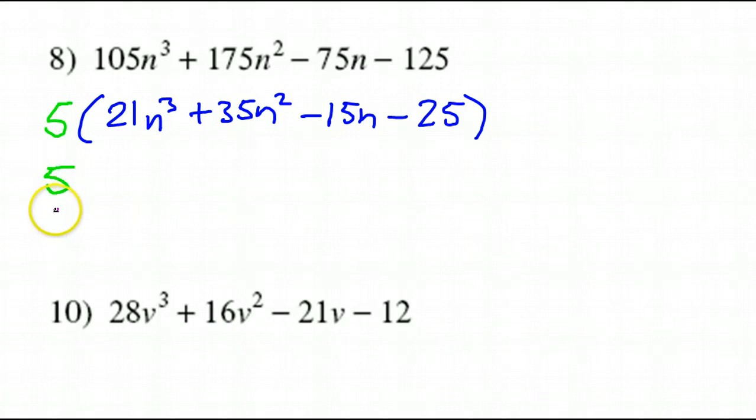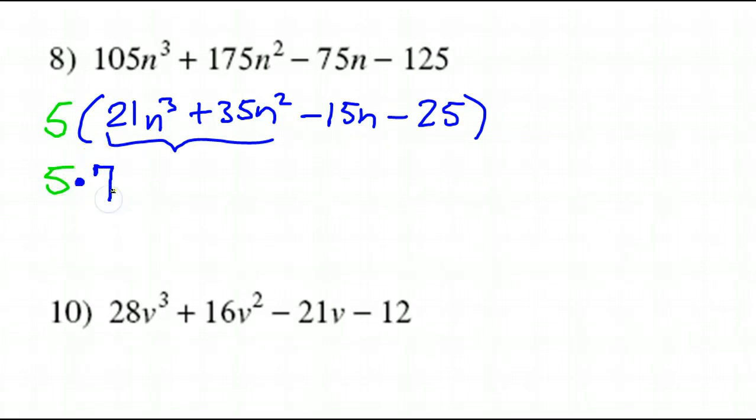Okay, so if I have 5. Now, for the rest of this, I'm going to do grouping still. So I'm going to take these two and group them. Alright, so that's going to give me a common factor. Well, both of these are divisible by 7. Okay, so let me put a little multiplication dot there.